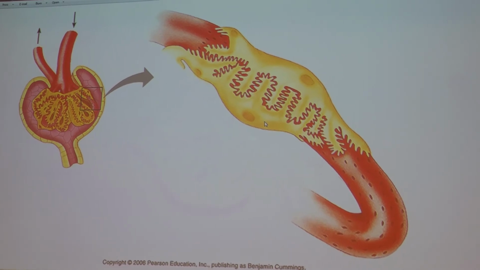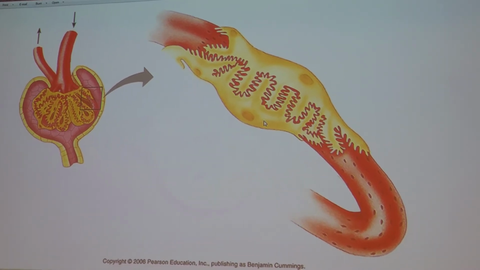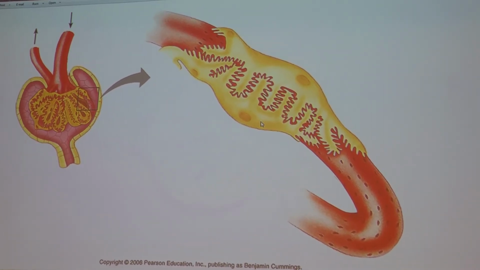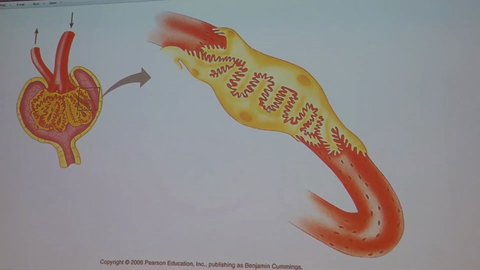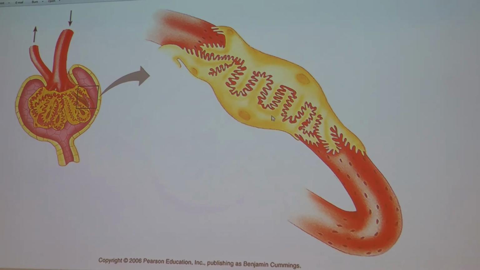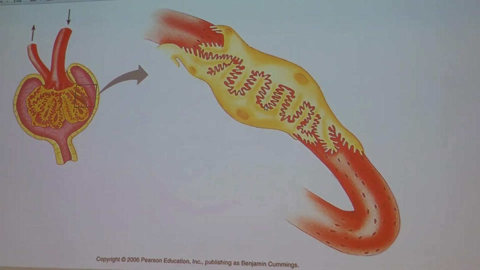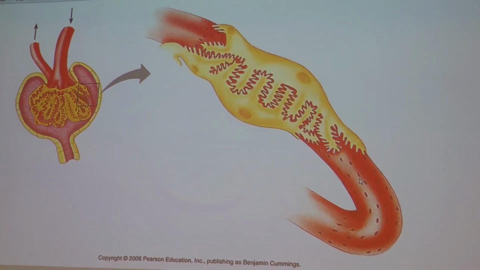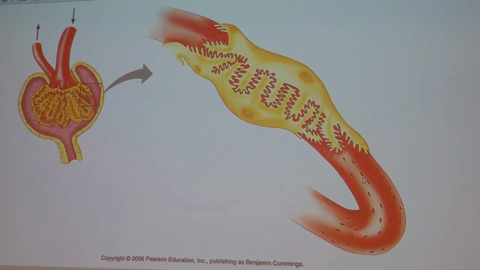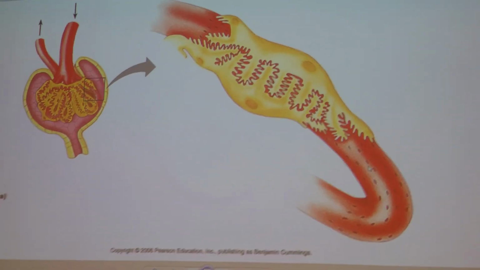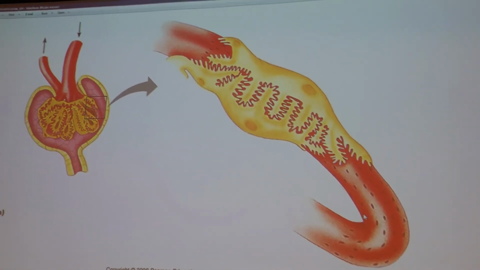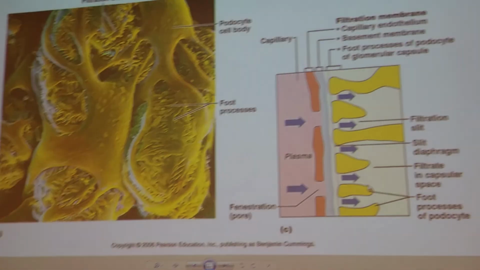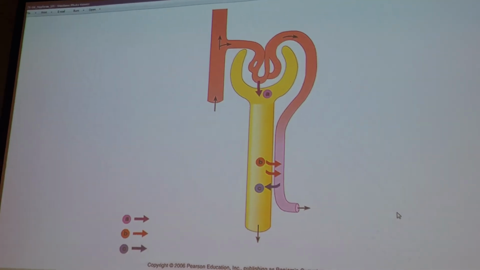They're there to hold the capillaries together. They're reinforcements. Why do you need those reinforcing cells here? Pressure. Yeah, the pressure inside here is like twice what it is in most capillaries. So you need the reinforcing cells. Okay? What else we got here?